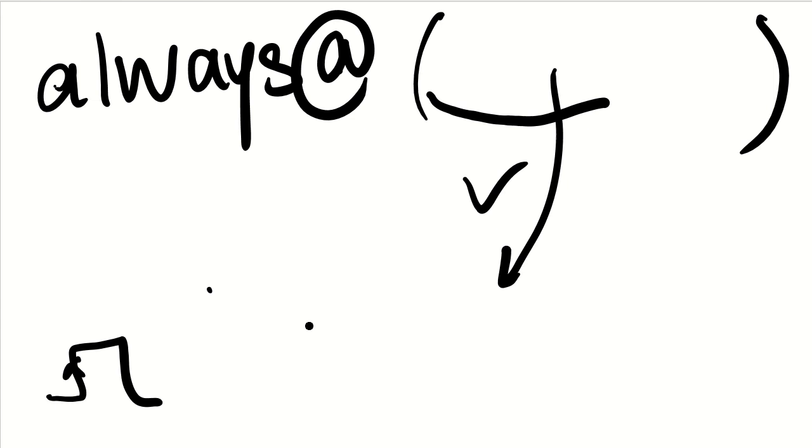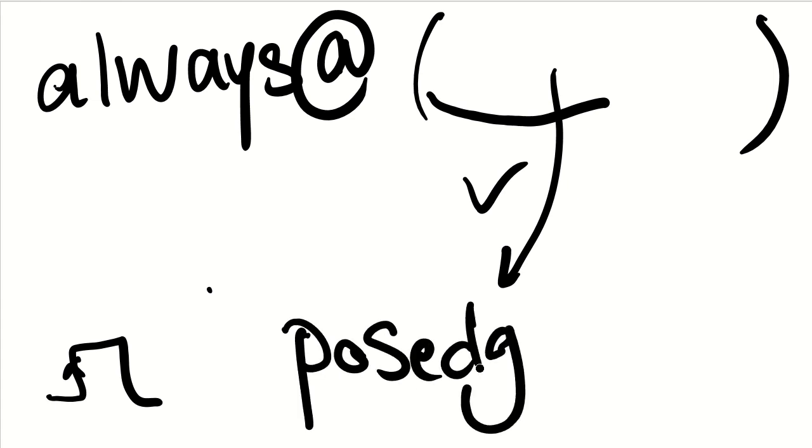So for example, when you have a positive edge in your clock signal, and actually there's a keyword for that. It's called posedge. So if you type always at posedge, that means as long as there is a positive edge, as long as that's true, or while that's true, do something.